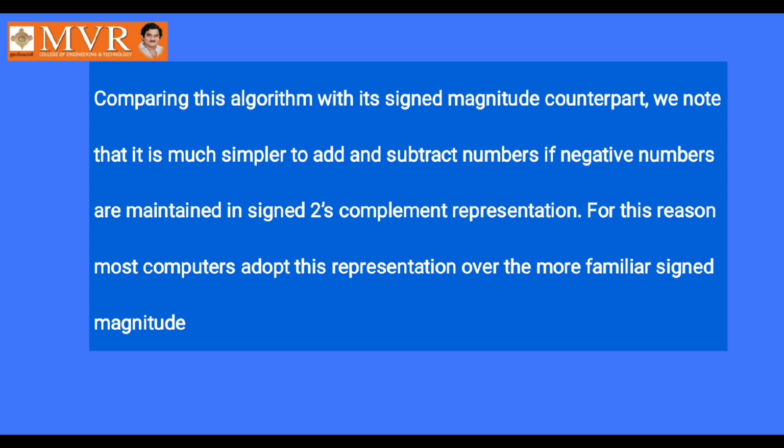If the two signs are equal, then go for simple addition. If the two signs are not equal, then you come to the second step, and there you check whether A is greater than B or not. If A is greater than B, you perform A minus B. If A is equal to B, the result will be 0. And if A is less than B, then you perform B minus A.